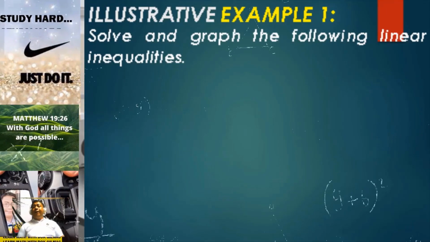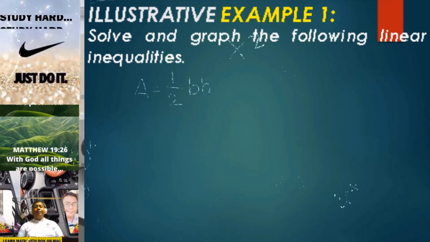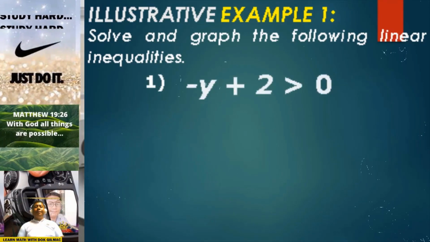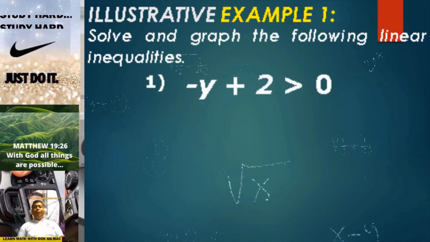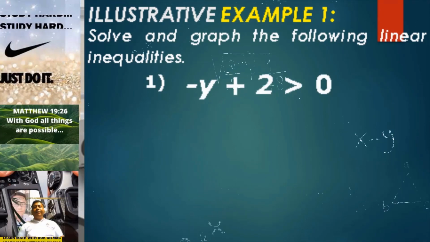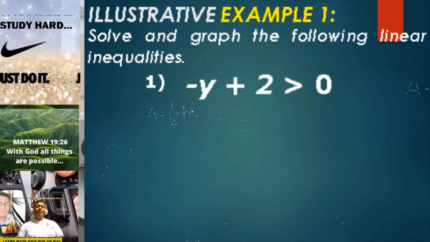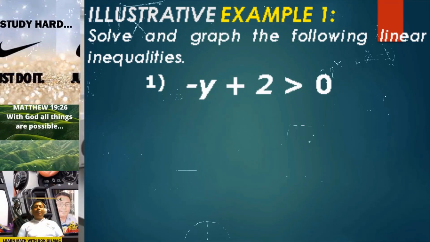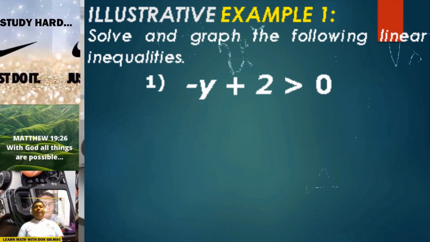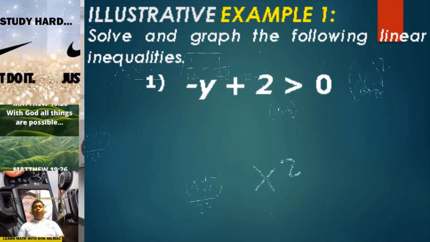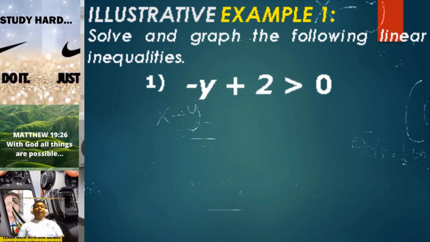Consider illustrative example number 1. Solve and graph the following linear inequalities. Number 1. Negative y plus 2 is greater than 0. From here, we can simply apply subtraction property of inequality. Subtract 2 to both sides of the inequality.